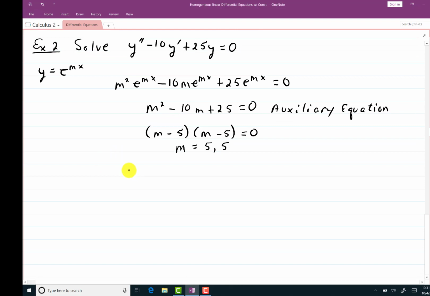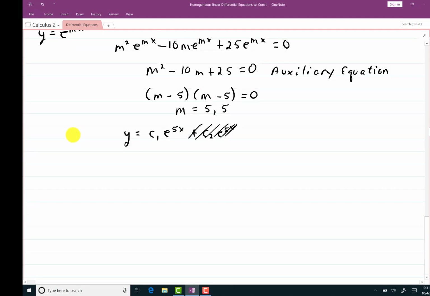So if you try to do this for your answer, the problem with these two is they're not linearly independent. One is equal to the other one, so this does not give two linearly independent solutions.